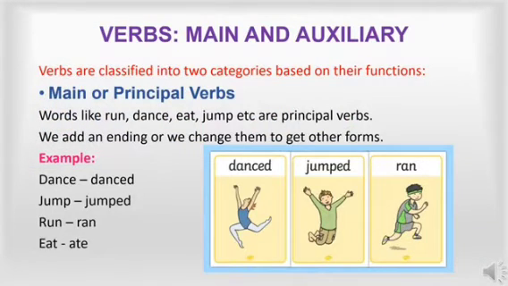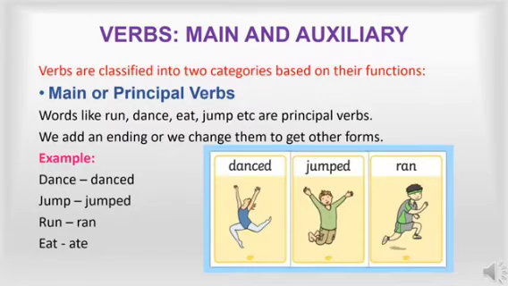Verbs are classified into two categories based on their functions. The first one is main or principal verbs. The verbs which you had already studied in your lower classes and the verbs which I recalled, they all are principal verbs.